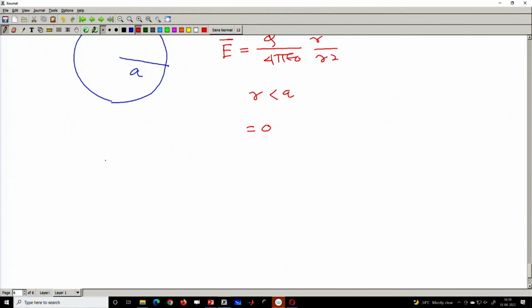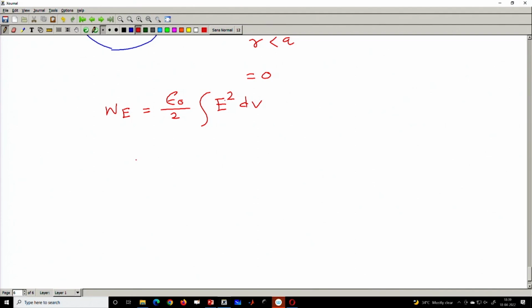So, the energy, I know the expression, epsilon 0 by 2 integral of E square dV. So, I just need to calculate this. So, dV here is for a spherical shell.